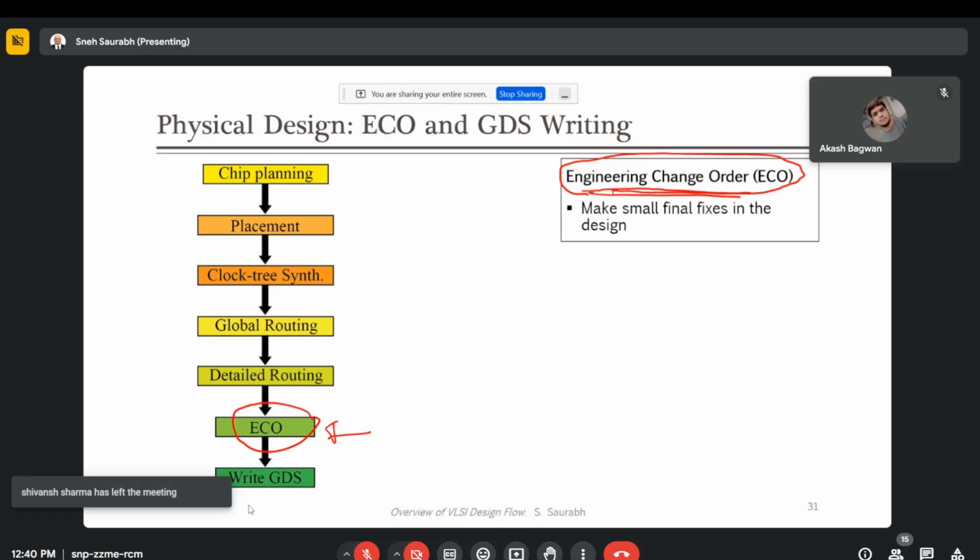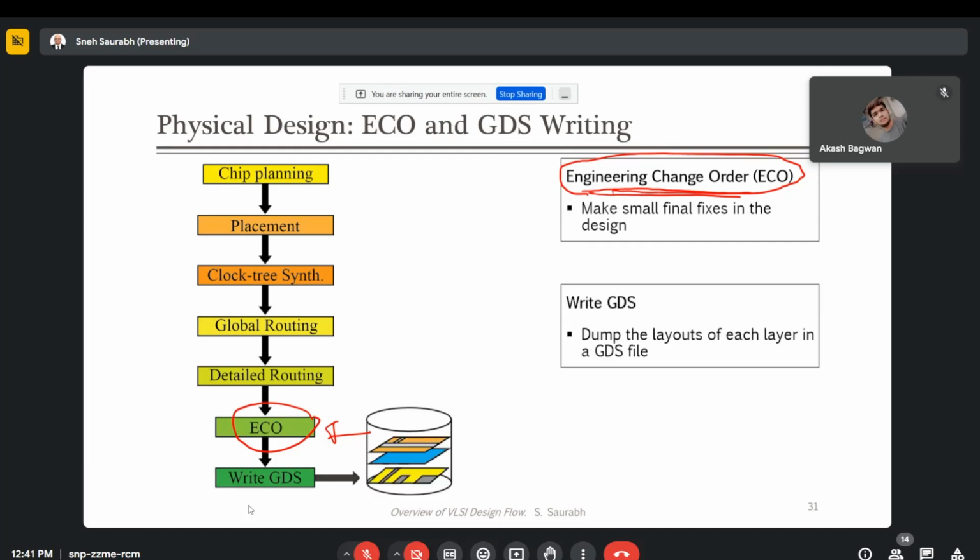So there are tools which allow us to do these changes in a controlled manner and also verify that those changes have not made any unwanted modifications to our design and our various functionalities, and that the constraints are met even after the engineering change order, right?